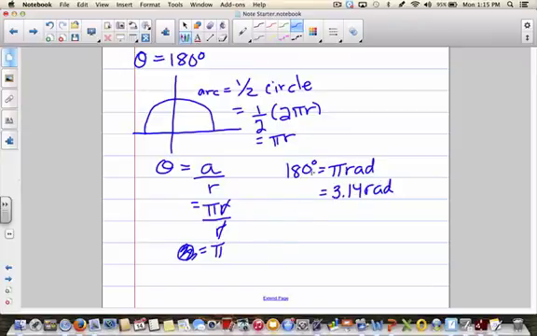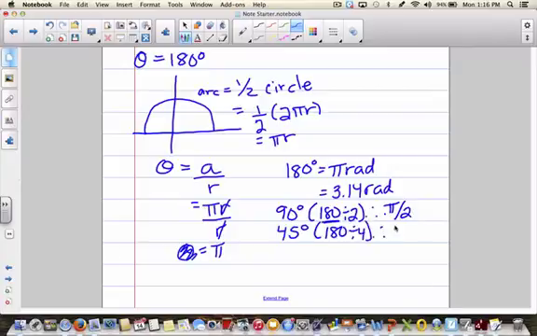And now I can use this, that 180 equals pi, to come up with a whole bunch of other ones. So let's say I wanted to look at 90 degrees. 90 degrees is 180 divided by 2, so therefore it's going to be pi divided by 2. 180 degrees is equal to pi radians. 45 degrees would be 180 divided by 4, so it would be pi over 4.